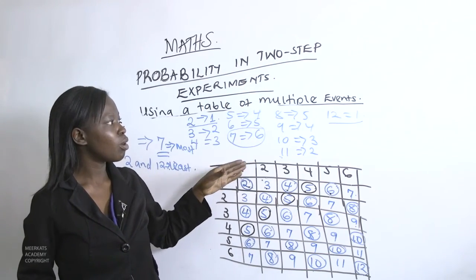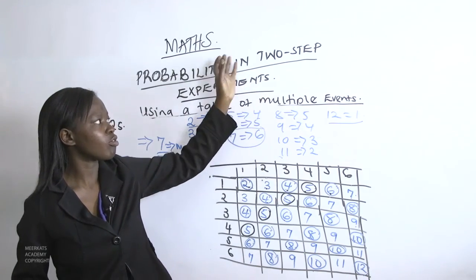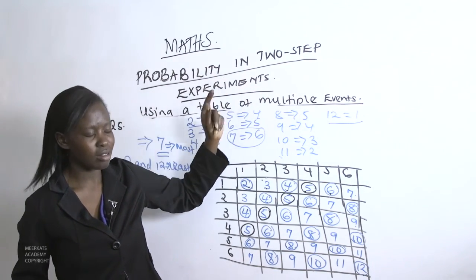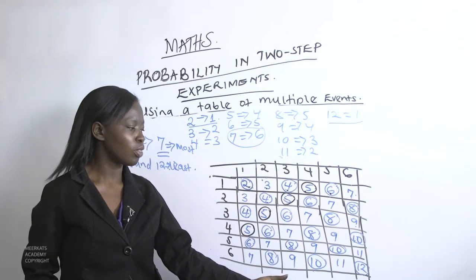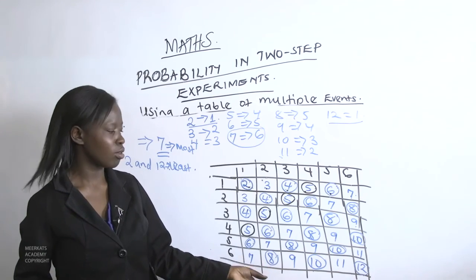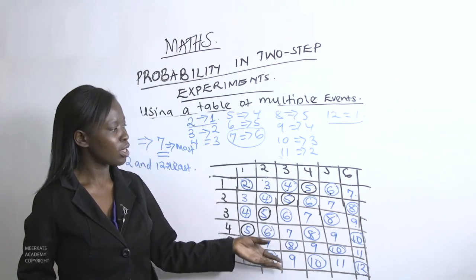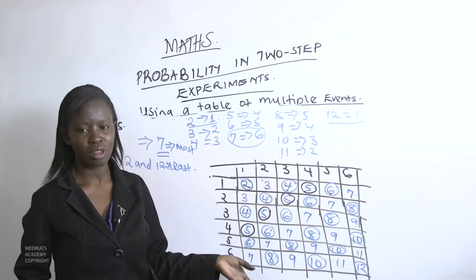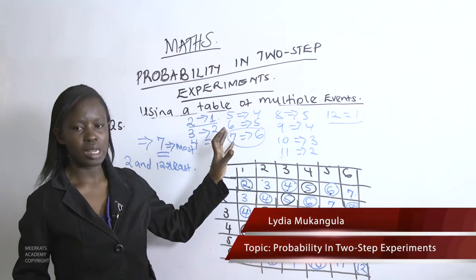So the table makes the calculation of a 2-step experiment easier, because all the outcomes are listed down in that table. Then the probabilities of the given events are easily calculated from the table. So that is how we work out probabilities of multiple events using a table.